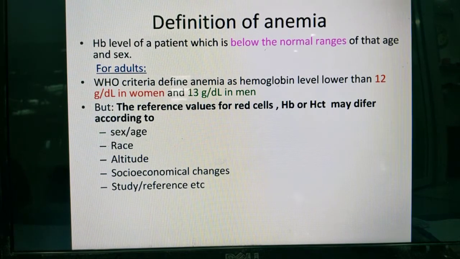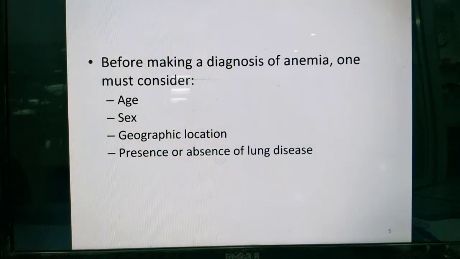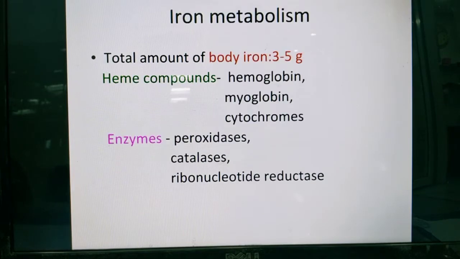But the reference value for red cells, hemoglobin or hematocrit may differ according to age, sex, race, altitude, socio-economic changes and study references. Before making a diagnosis of anemia, one must consider age, sex, geographical location, and the presence or absence of lung diseases.